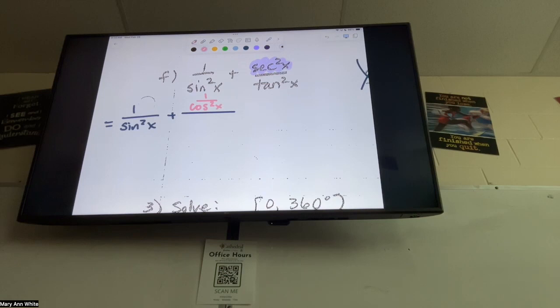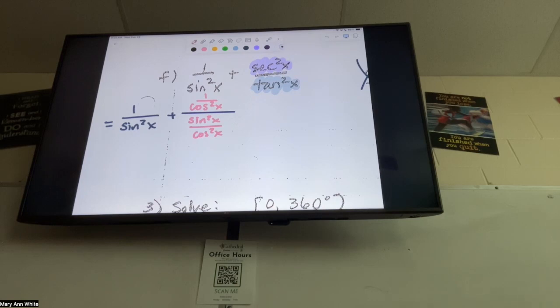And then tan squared is the same thing as sine squared over cosine squared. At this point, a lot of people are like, well, tangent's also 1 over cotangent. Well, I didn't say get things in terms of cotangent. I said get things in terms of sine and cosine. And so that's why we wrote tan is equal to sine over cosine, so I can use that.